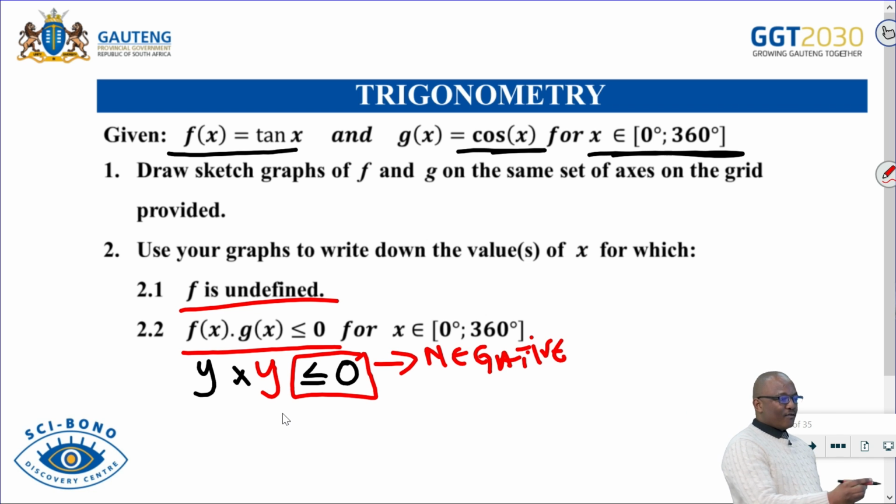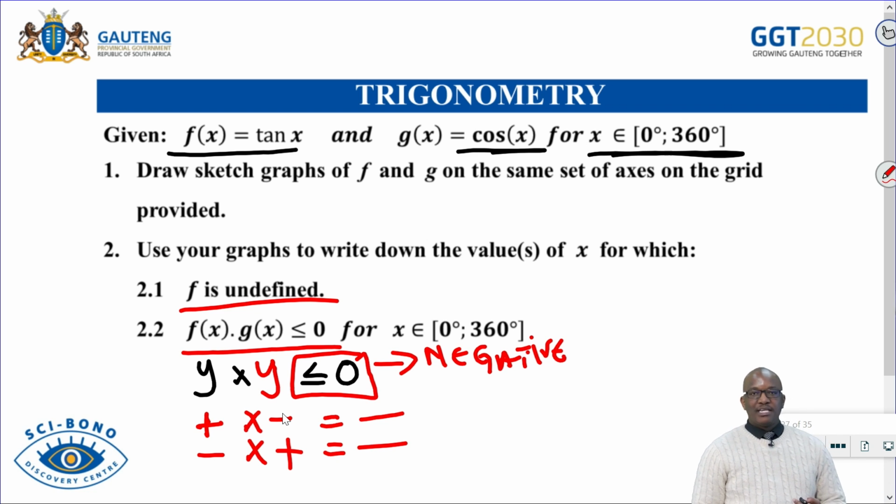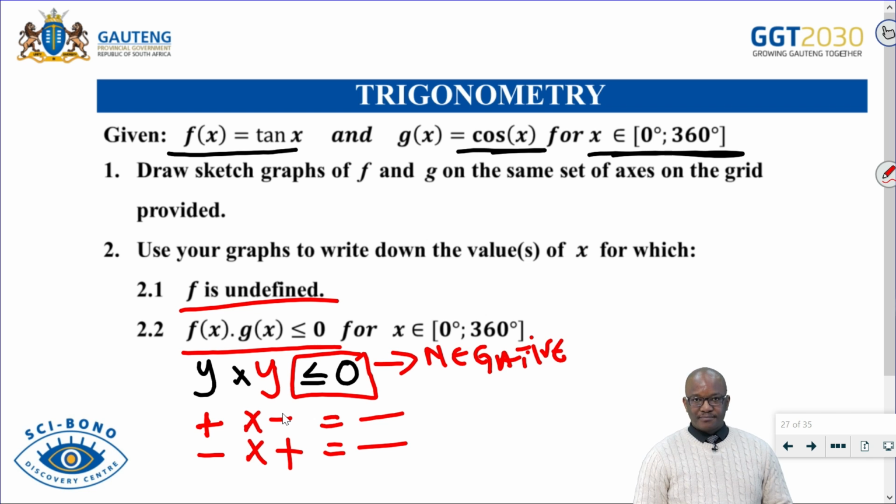Remember, for it to be negative, a positive y value of f multiplied by a negative y value of g, you are going to get a negative number. Or if you say a negative y value of f multiplied by a positive y value of g, then you are going to get a negative number. So those are the conditions.